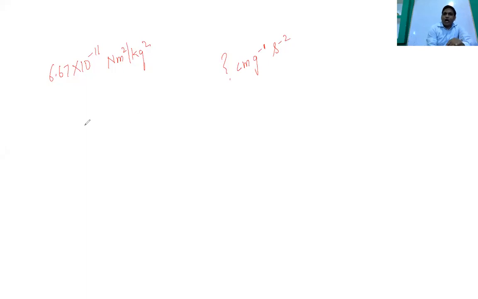Okay. So how you can write like this, N1. So this will be your 6.67 into 10 to the power minus 11. And the unit we can write, we can just expand this Newton. And this Newton is nothing, it's your kilogram meter per second square. And now you can write all these values.